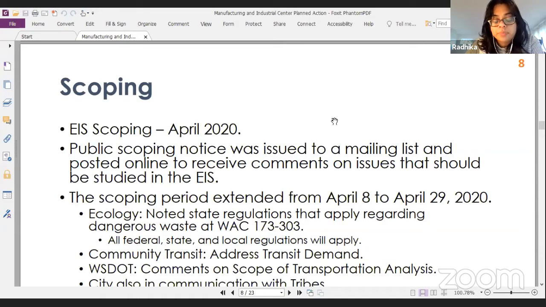We also got detailed comments from WSDOT on the scope of the transportation analysis. While we didn't get a formal scoping comment, the city has been in communication with the tribes and made sure to accommodate any concerns or questions that they might have had with the scoping of the area and any of the alternatives that we might look at.